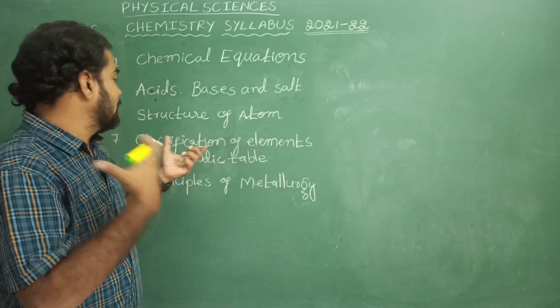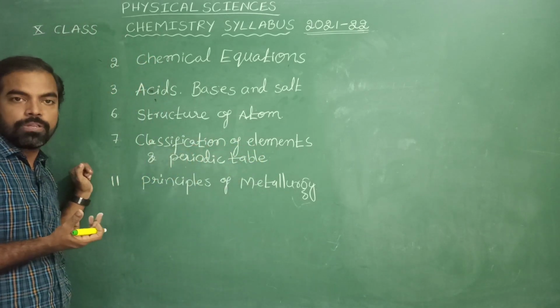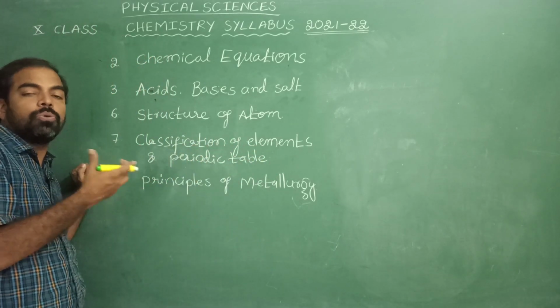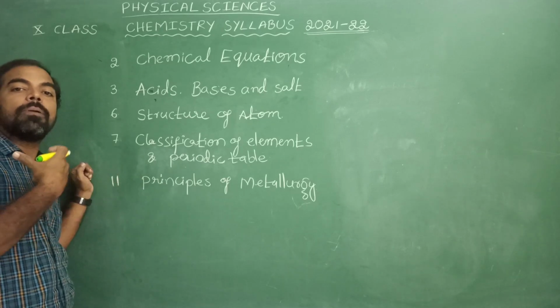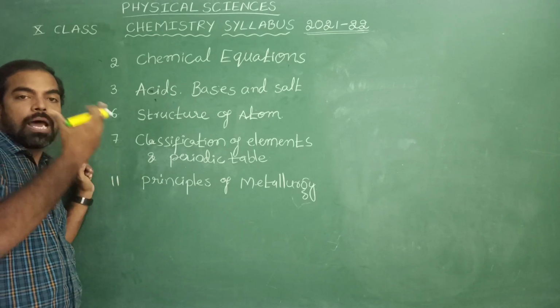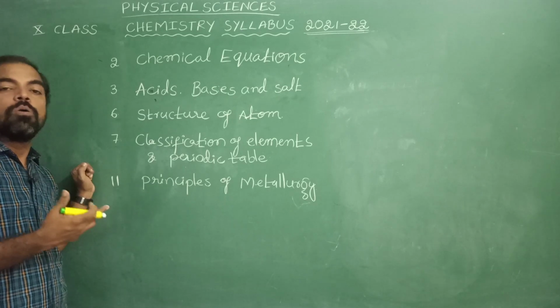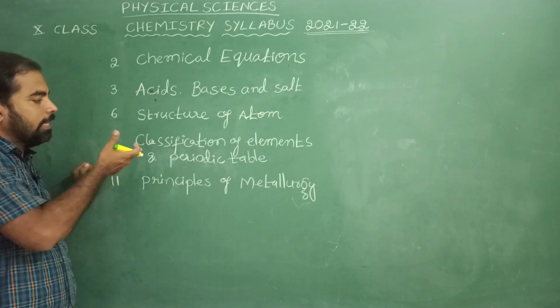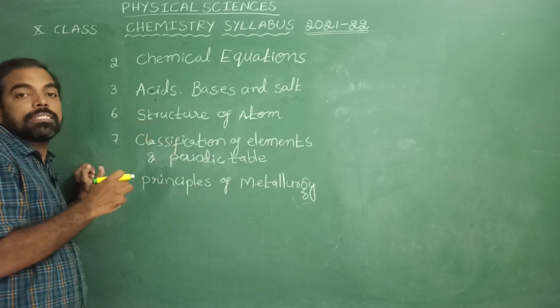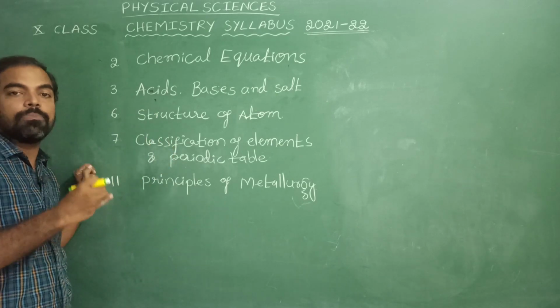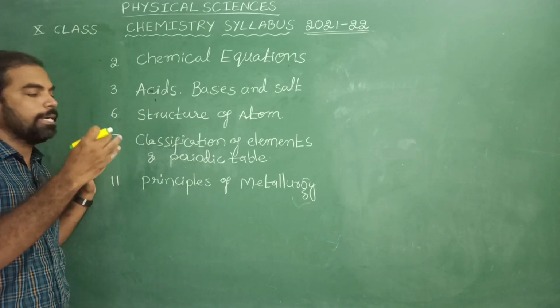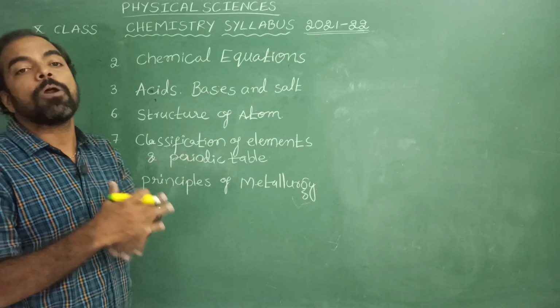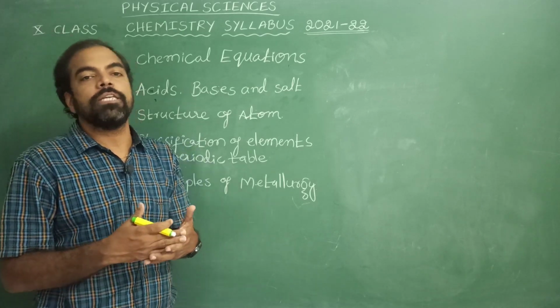Why is it necessary to classify the elements? There are some rules: Newland's law of octaves, Dobereiner's triads, Mendeleev's periodic law, Moseley's periodic law, modern periodic law, and the classification of the elements based on the blocks, S block, P block, D block and F block, and the properties of the elements.